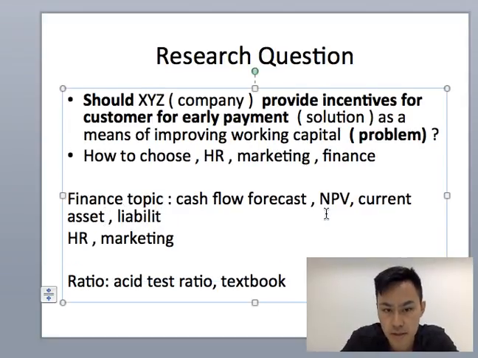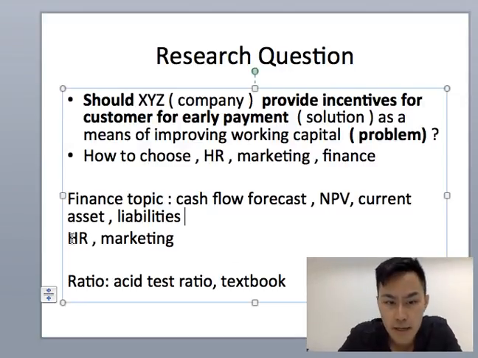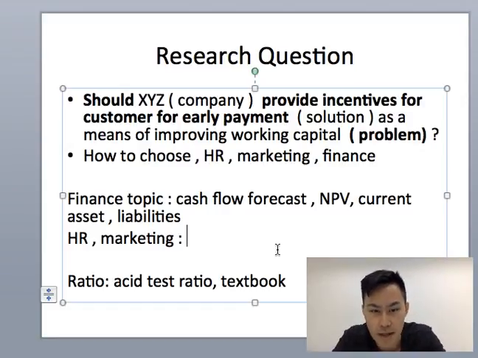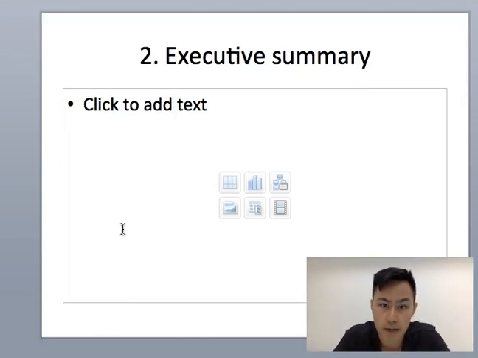So all this would be able to enrich your IA. But for HR and marketing, I'm not saying it's not possible to get a level 7, but it's hard for you to benchmark the others because different companies will have different marketing ways. So what you can mention is not that professional. So I would suggest you do the finance topic.